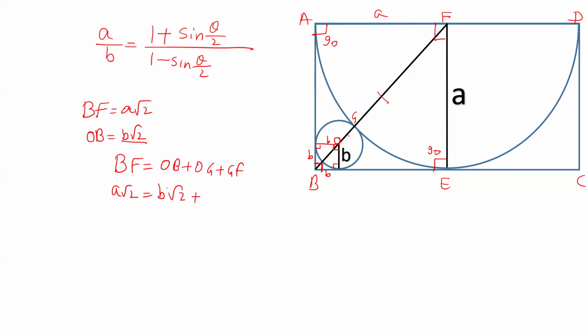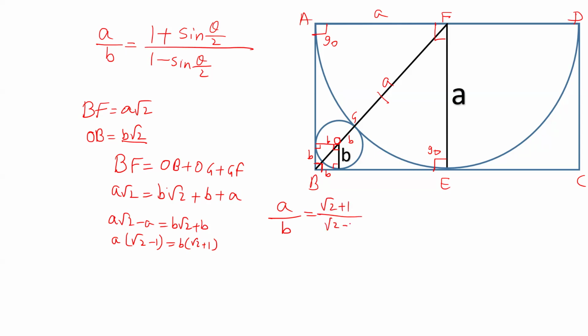OG is the radius of the smaller circle which is B, and GF is the radius of semicircle which is A. Taking A on the same side and taking it common, A bracket root 2 minus 1 equals B bracket root 2 plus 1. And therefore the ratio of A by B will be root 2 plus 1 upon root 2 minus 1. And the same result we'll get when we use this formula.